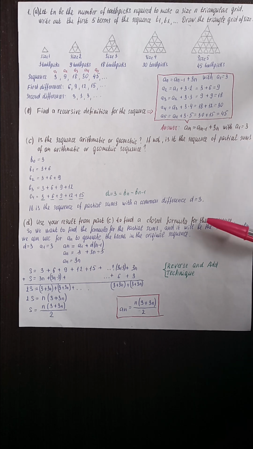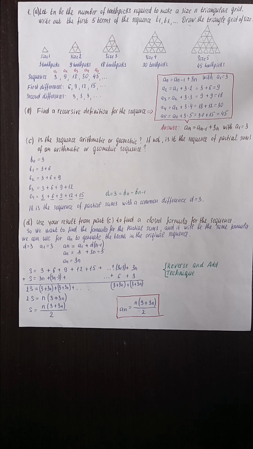We defined the sequence as partial sums with common difference d equal to 3, and we found the closed formula A sub n equals n times 3 plus 3n all over 2.